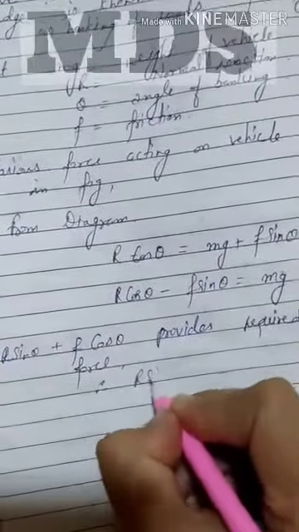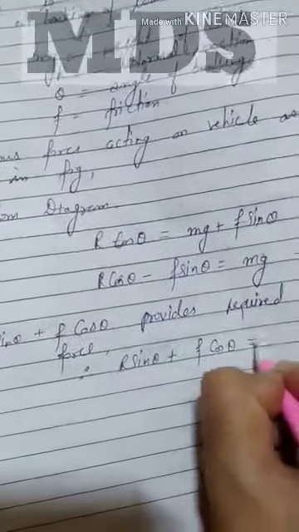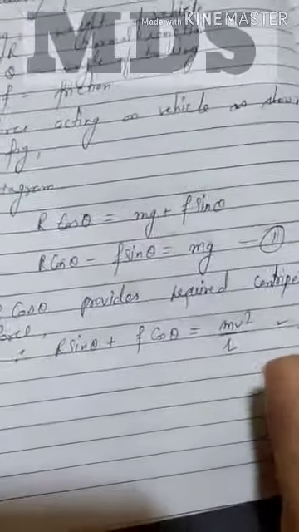So R sin theta plus f cos theta provides the required centripetal force, which is mv square by r. This is the second relation.